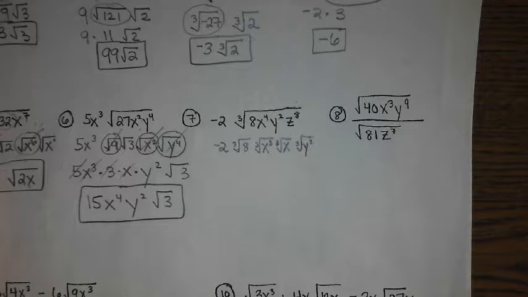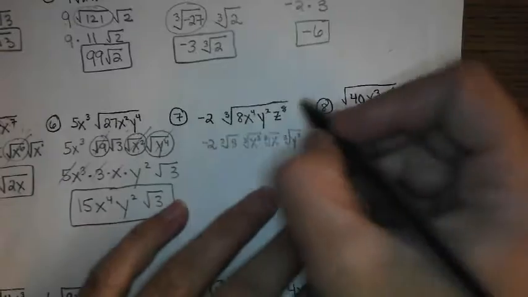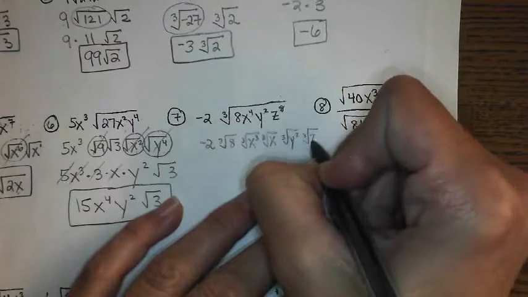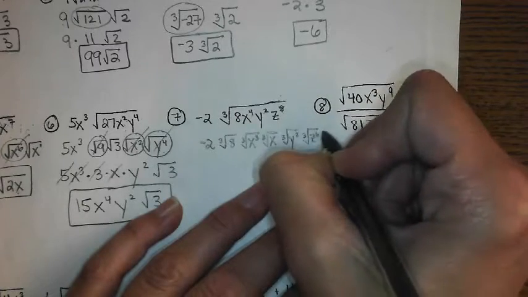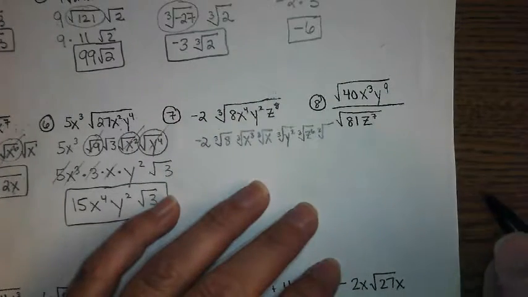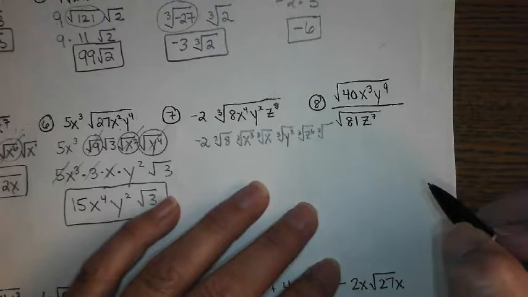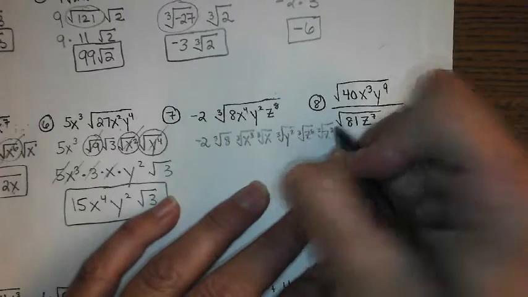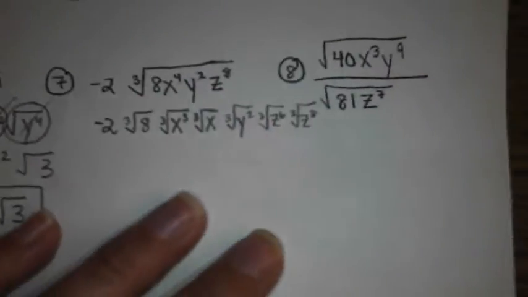And then z to the 8th power, is 8 divisible by 3? No. What's the first exponent less than it that is divisible by 3? 6. So I'm going to break this up into cubed root of z to the 6th times the cubed root of z to the what? 2nd. See, now I'm using exponent rules. I don't want to take that too much for granted.